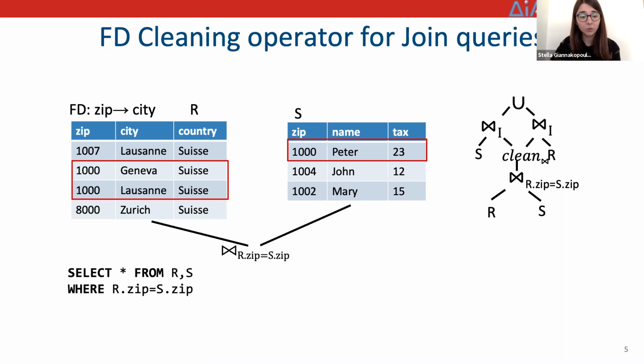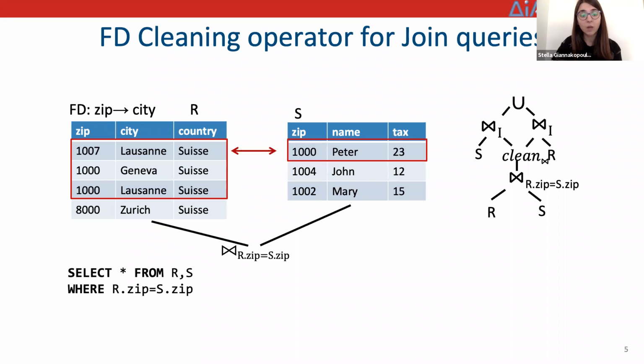However, in order to fix the errors, we relax the result of relation R by bringing also the first tuple, since it has the city value Lausanne, and therefore the zip code of the first tuple would have two candidate values, 1007 and 1000, and therefore it will pair with the first tuple of relation S.